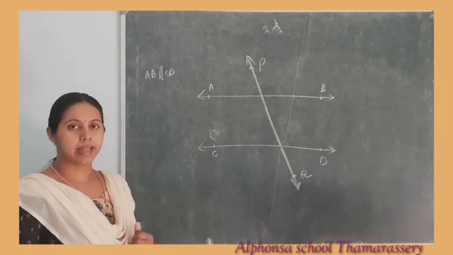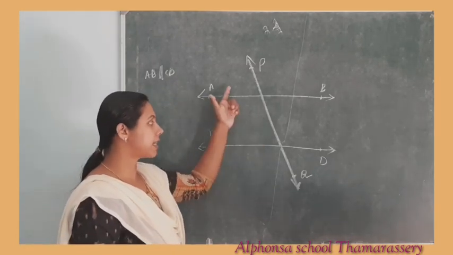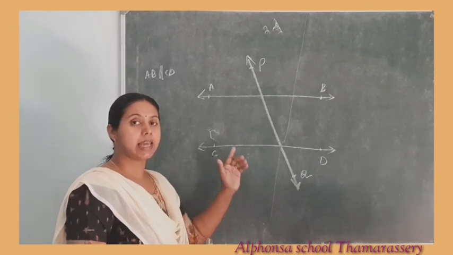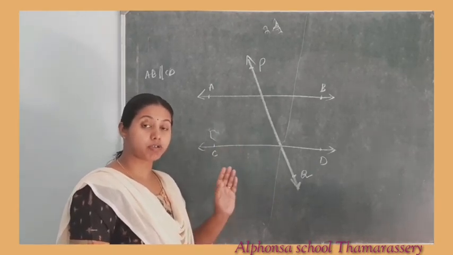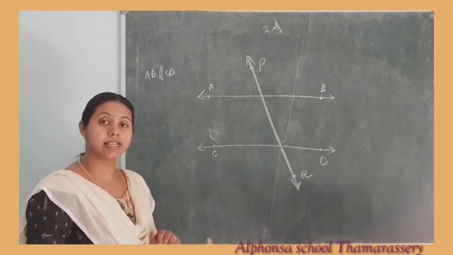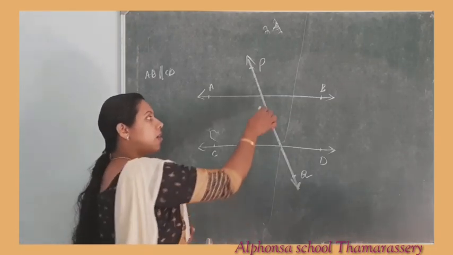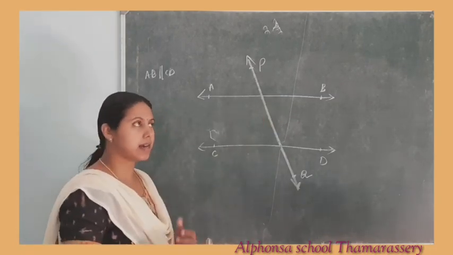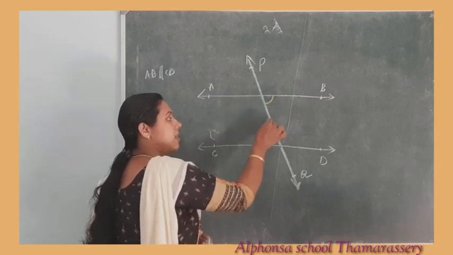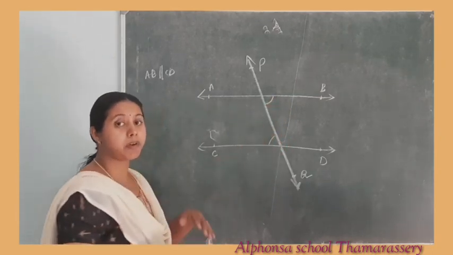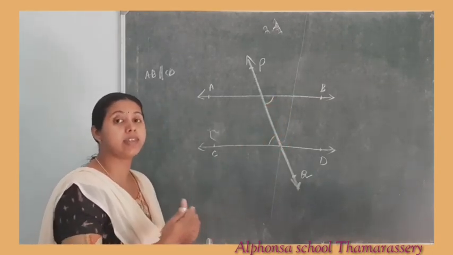We want to show that if a transversal intersects two parallel lines, then each pair of alternate interior angles is equal. We already know this statement from earlier classes, that alternate interior angles are equal, but here we are proving that statement.